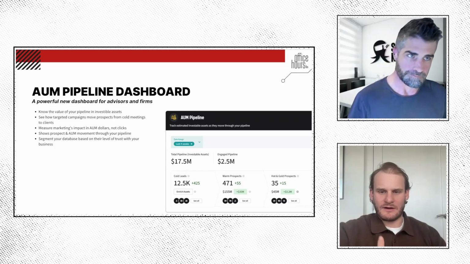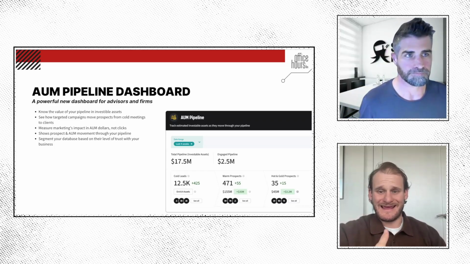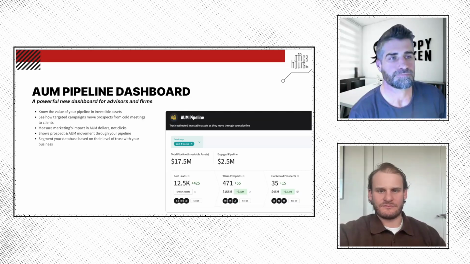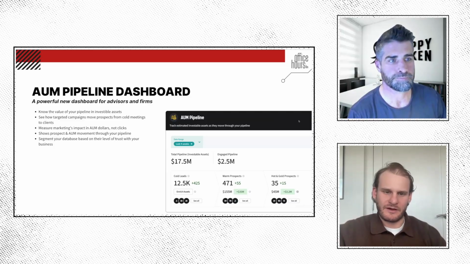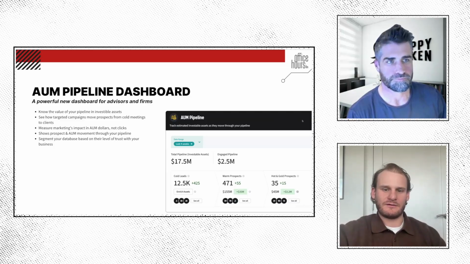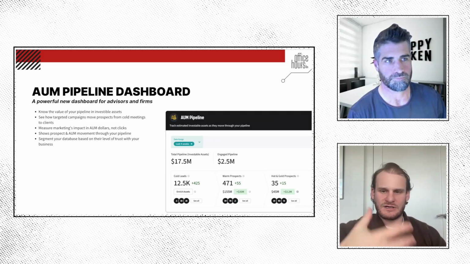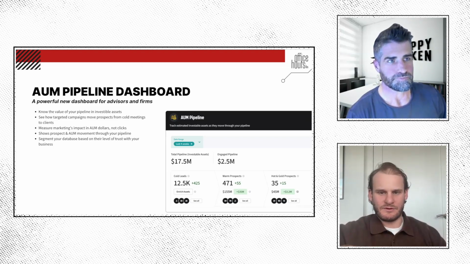However, what Snappy Kraken does really well is it gauges engagement of leads, and that then moves those leads into farther along stages of your pipeline. So once they get to the hot and gold prospect stage, because they've entered a particular group, or they have shown a ton of recent engagement, opening up your emails, clicking your emails, submitting a form, they become a really good candidate for enrichment.